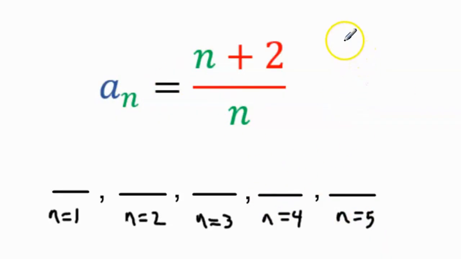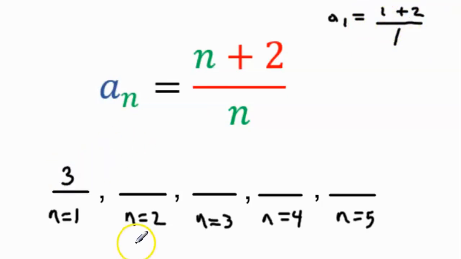So in the first spot, n is 1. So we're going to plug in 1, or substitute 1, for all the n's. So a sub 1, which is the first number, is going to be 1 plus 2 over 1. If we add this all together, we're going to end up with 3 over 1, which is just 3.